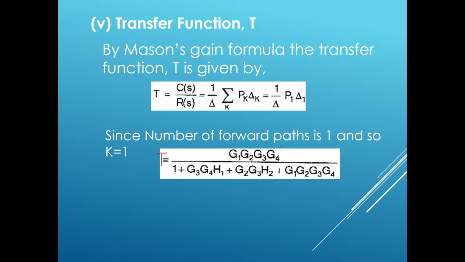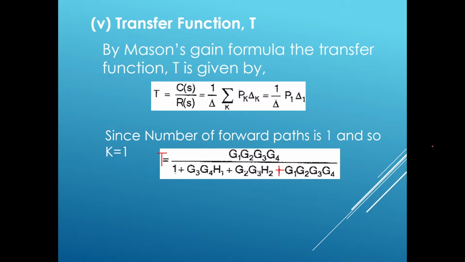P1 value is G1 G2 G3 G4, delta 1 value is 1, divided by 1 plus G3 G4 H1 plus G2 G3 H2 plus G1 G2 G3 G4. So this is the transfer function of this signal flow graph.